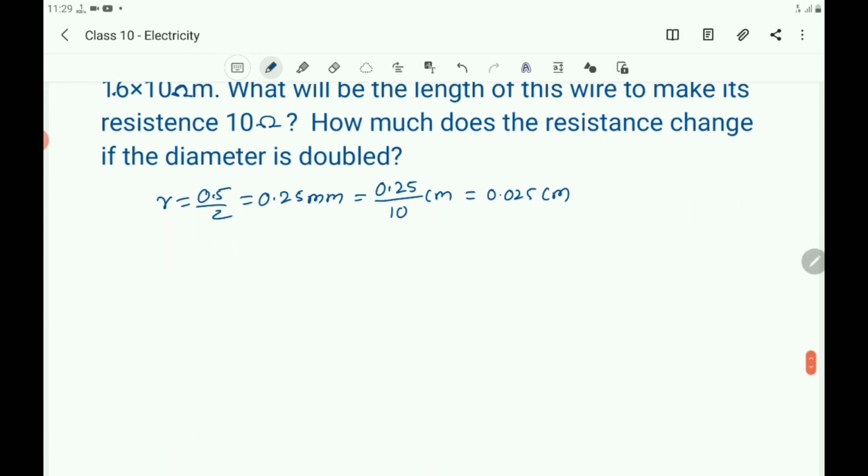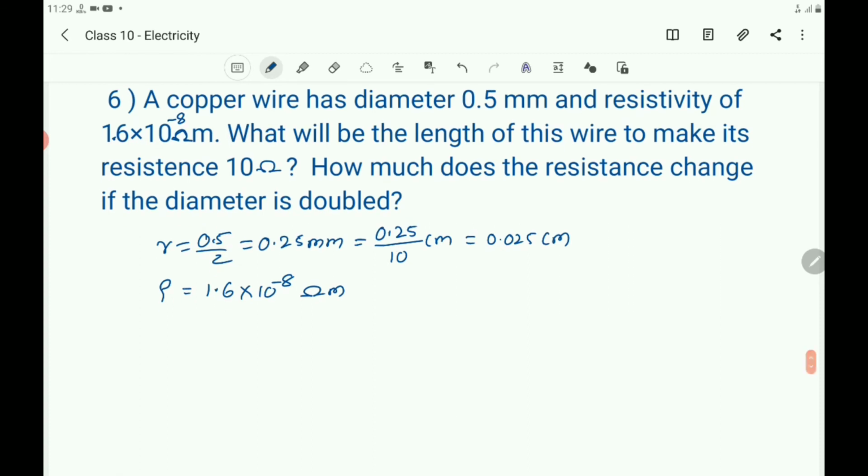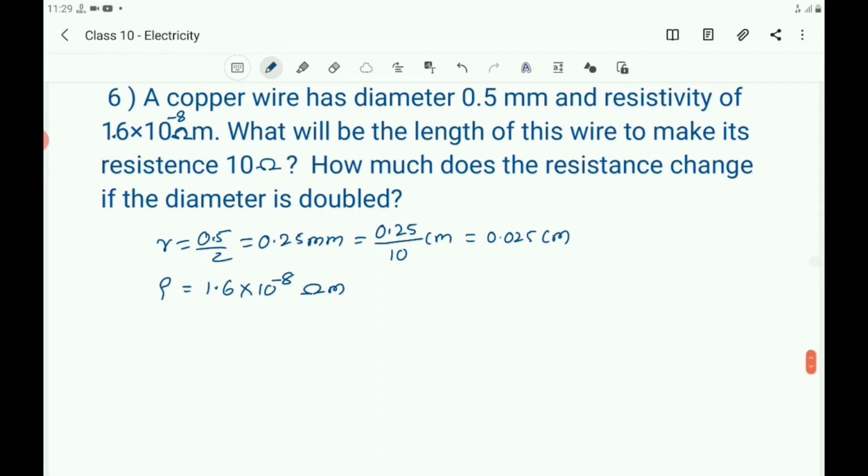The resistivity symbol is rho equals 1.6 into 10 to the power of minus 8 ohm meter. And resistance is given, that is 10 ohm. Resistance is 10 ohm.